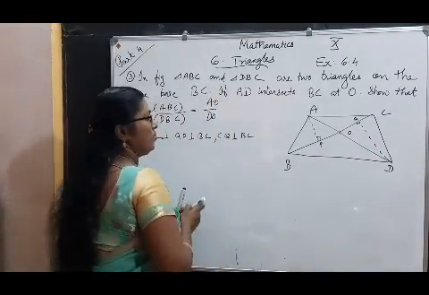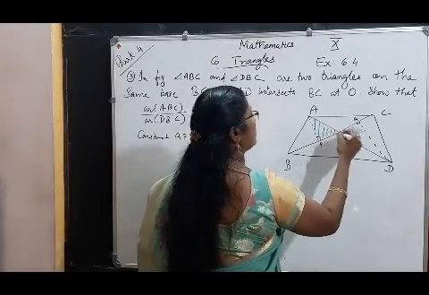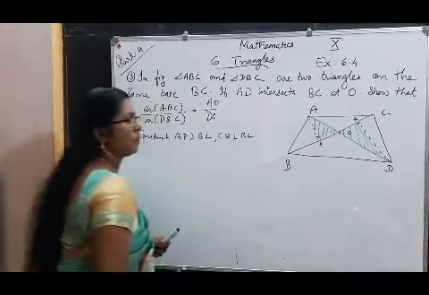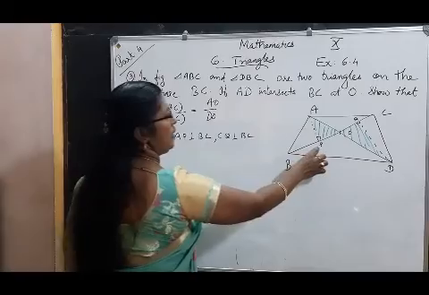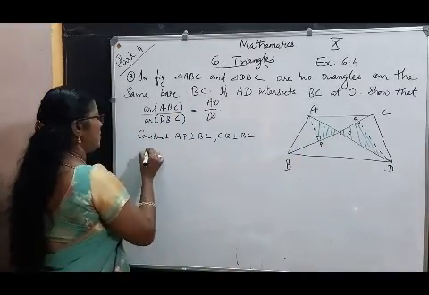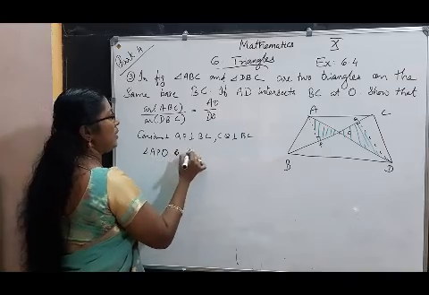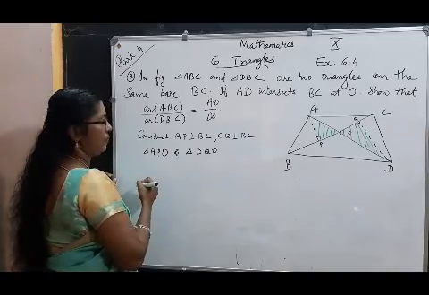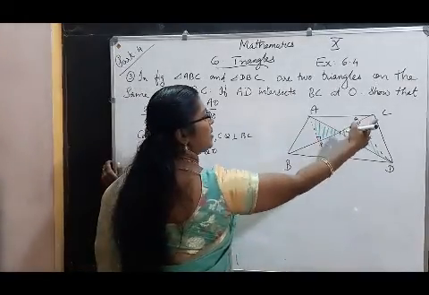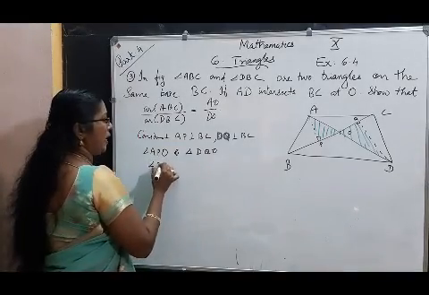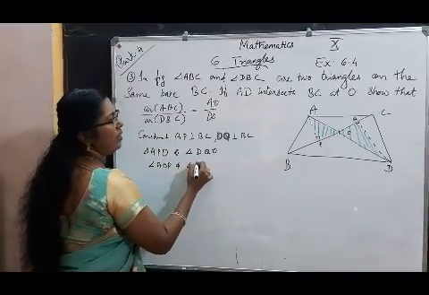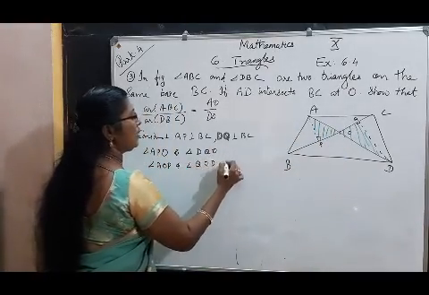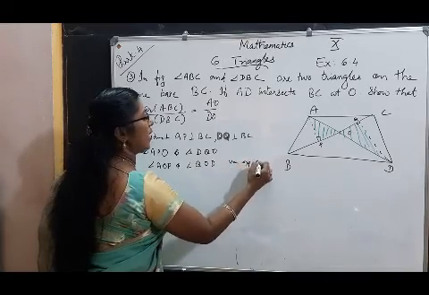Then consider these two triangles, triangle APO and triangle DQO. Angle AOP and angle QOD are vertically opposite angles, they are equal.